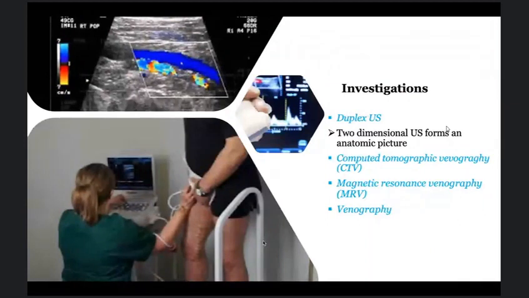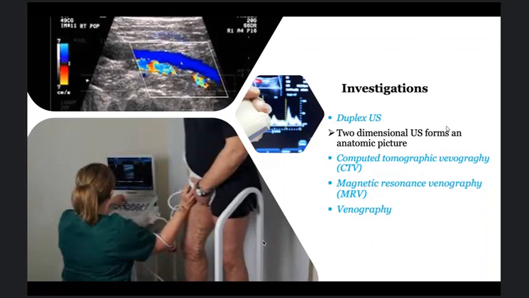It will give us very clear information about the size of the vein, the site of incompetent perforators, the site of incompetent valves, the status of the deep system, and the status of the saphenofemoral junction and saphenopopliteal junction.